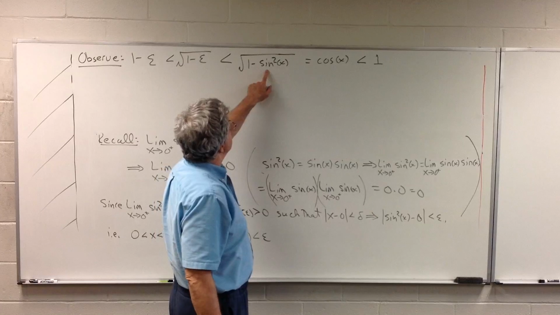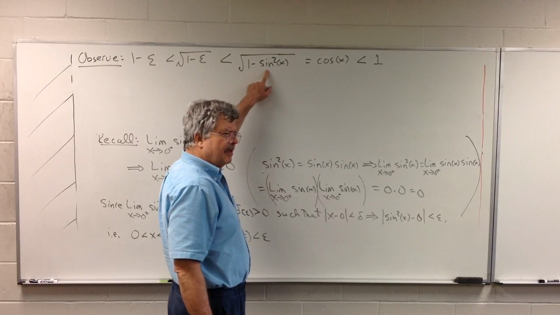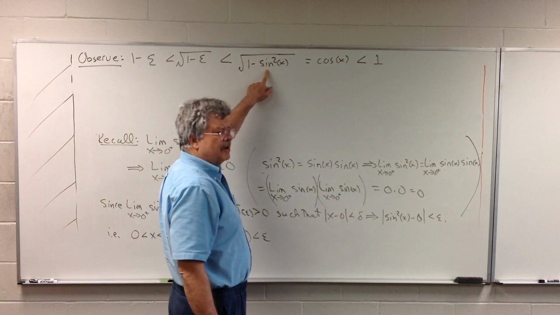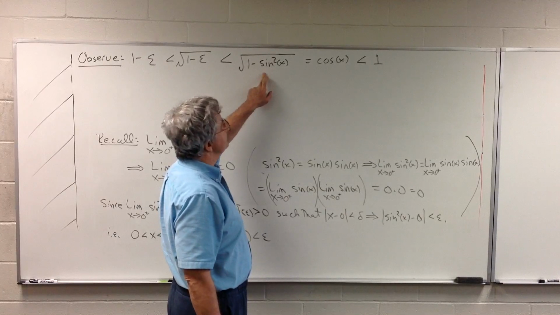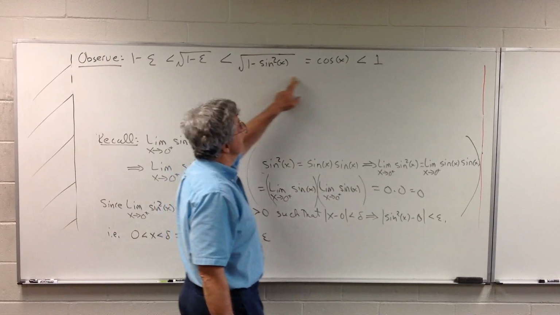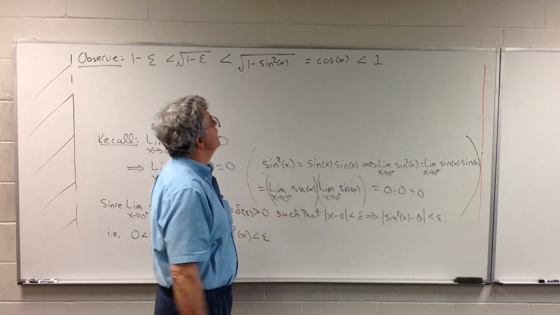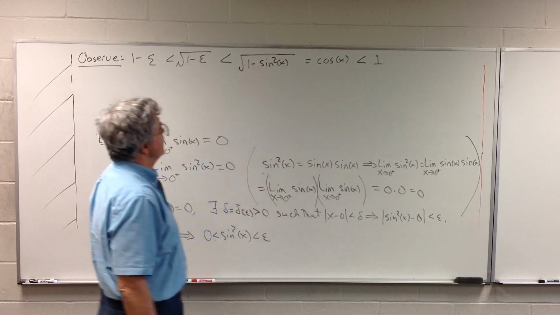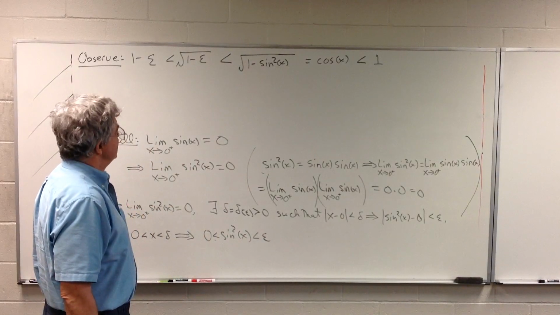And 1 minus sine squared x is cosine squared x. Since we're in the first quadrant, cosine of x is positive, so when we compute the square root of cosine squared x, we get cosine of x. Now, why is that less than 1?